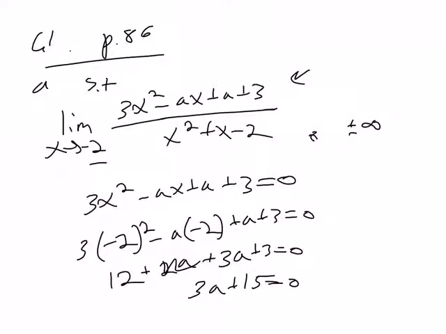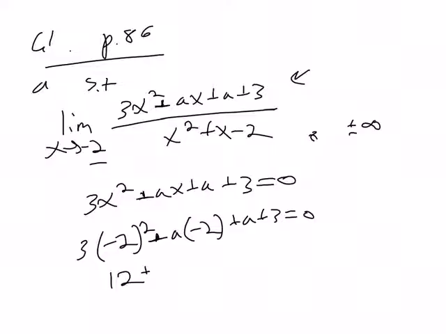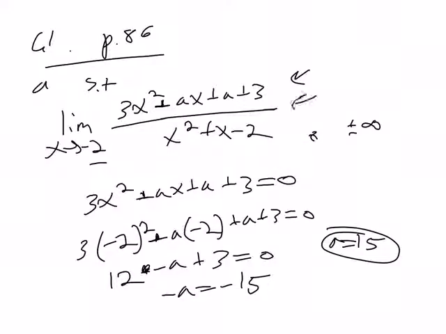Wait, I'm sorry, this should be positive, and this should be positive. So this is incorrect. Now we're going to have 12 minus a plus 3 equals 0, or negative a equals negative 15, or a equals 15. So when a equals 15, this limit exists.